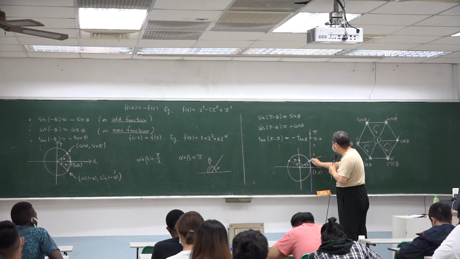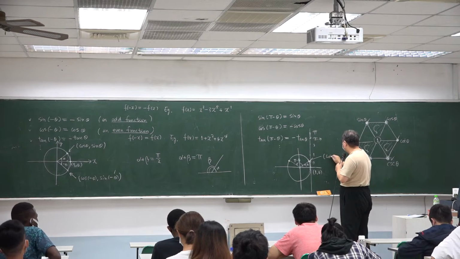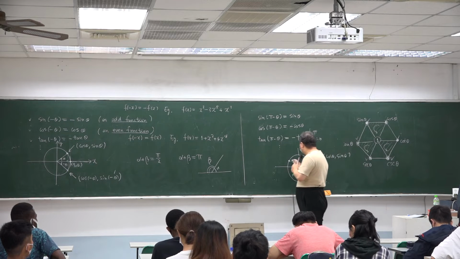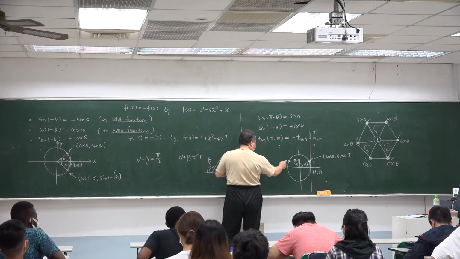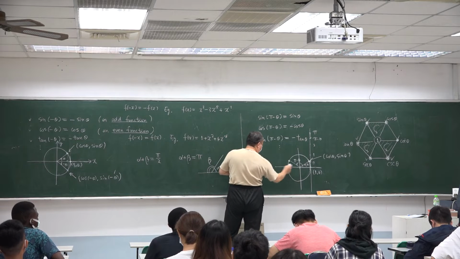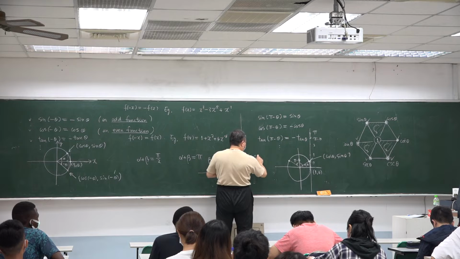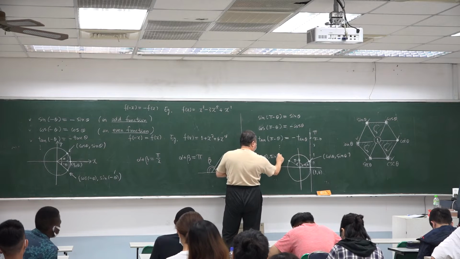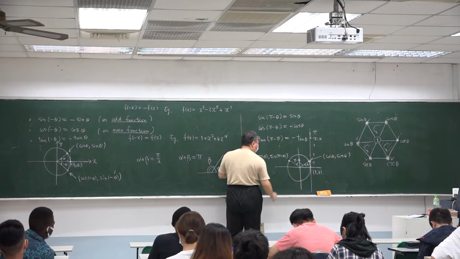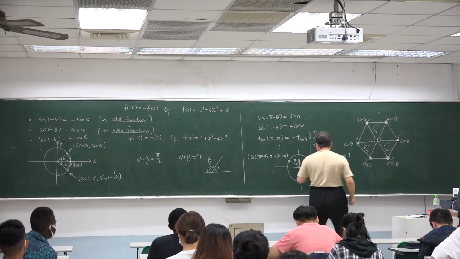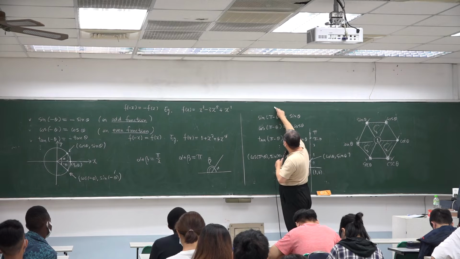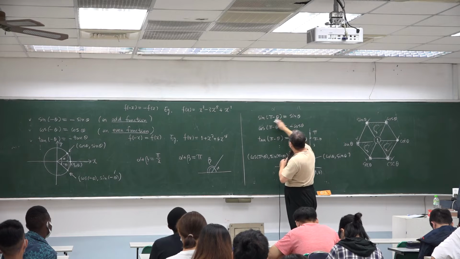Therefore, the coordinates of this one is cosine theta, sine theta. And the coordinates of this point can be expressed in terms of this angle: cosine pi minus theta, sine pi minus theta. Because the sum of these two angles is pi.